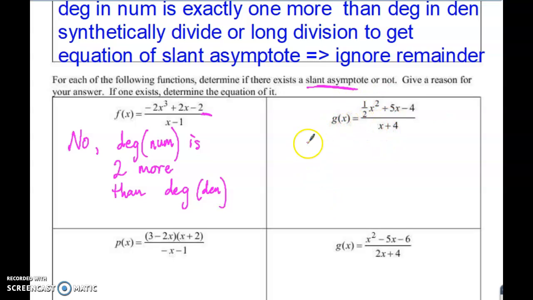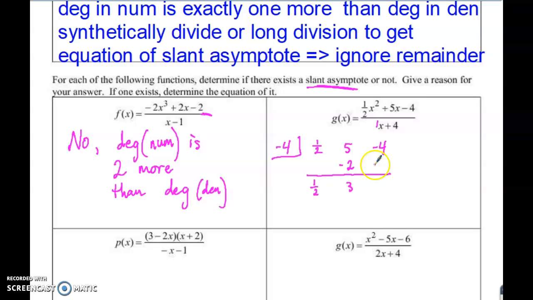So as I'm looking at that at this moment, because I don't want to mess with factoring that, let's do synthetic division. Because the leading coefficient's 1, I'm going to do this: 1/2, 5, and -4. If you get a remainder of 0, then it would have factored. So bring that 1/2 down. Half of -4 is -2. Adding that straight down gives me 3.